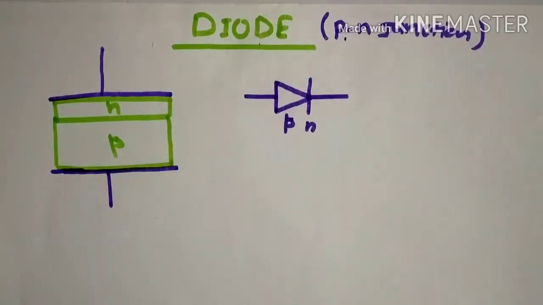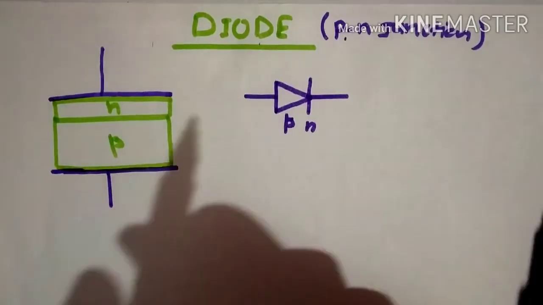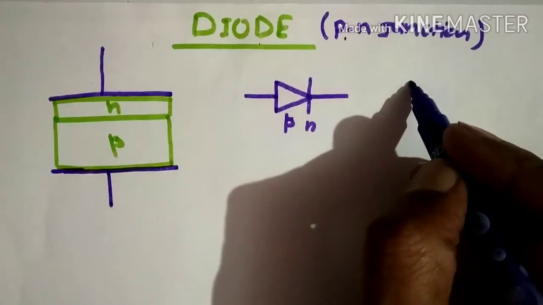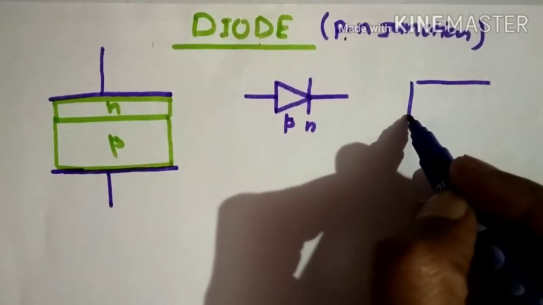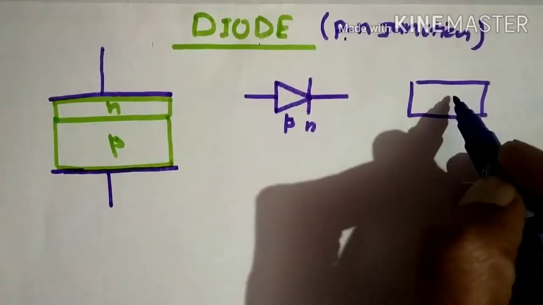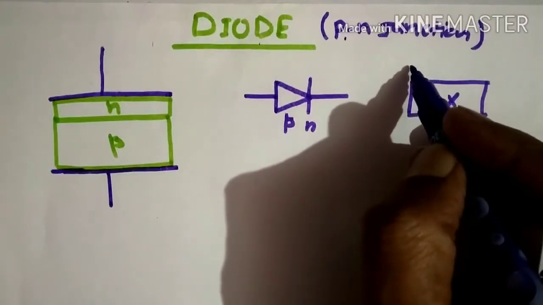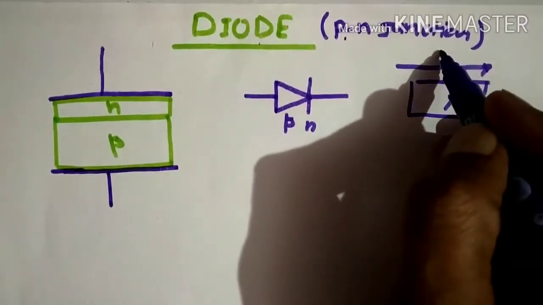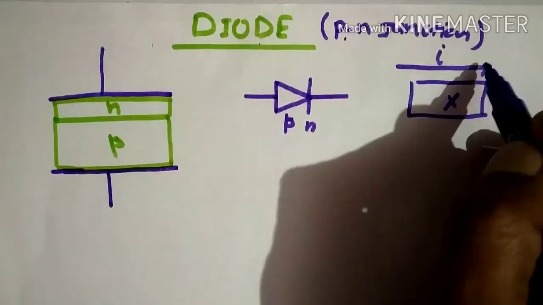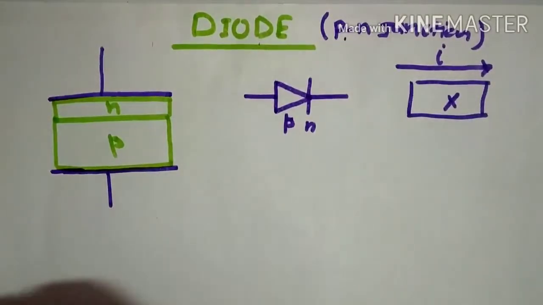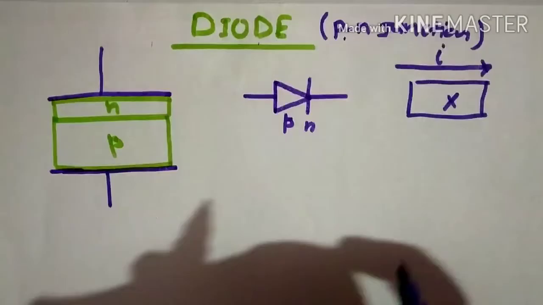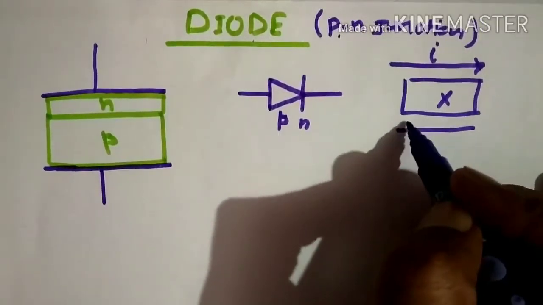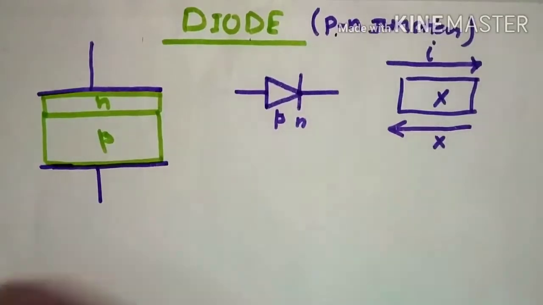What does it mean? It means that if I allow the current in some device, suppose this is that one, if I allow the current to pass in this direction and I am successful in passing the current, but when I reverse the polarity, then in this direction there is no current.